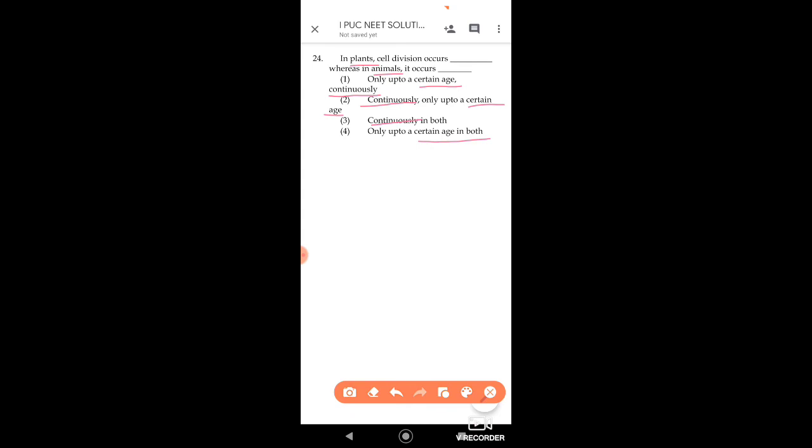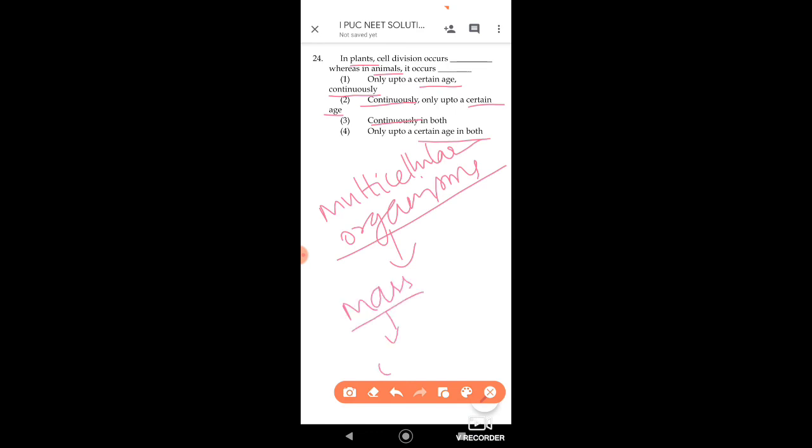For this, let us first of all understand that both plants and animals are multicellular, well developed organisms, rather we can say. They are higher organisms, so they increase by mass through cell division. This is generally what we know, right?